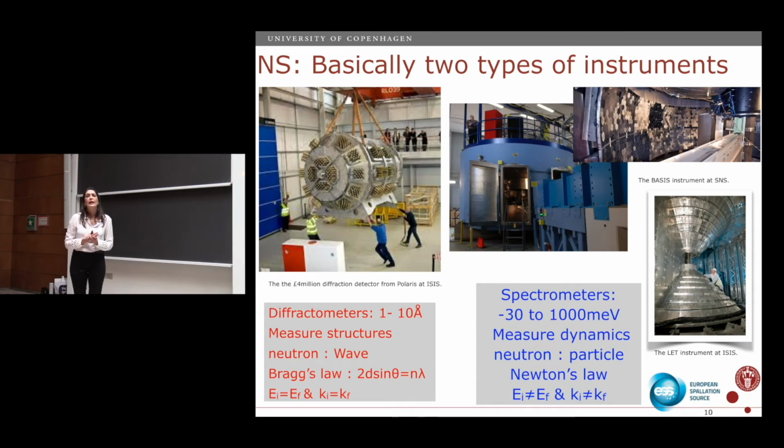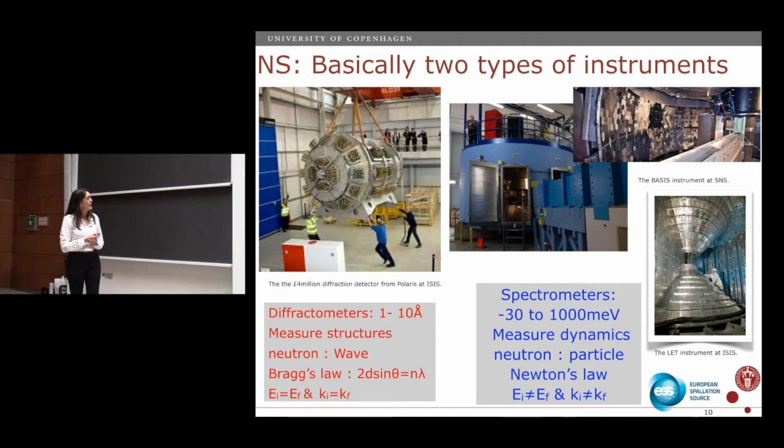So that leads us to describe neutron scattering with basically two different types of instruments. I either have diffractometers or I have spectrometers. With diffractometers, what I'm going to do is measure structures. Small structures, crystalline structures, or very large structures like protein structures.